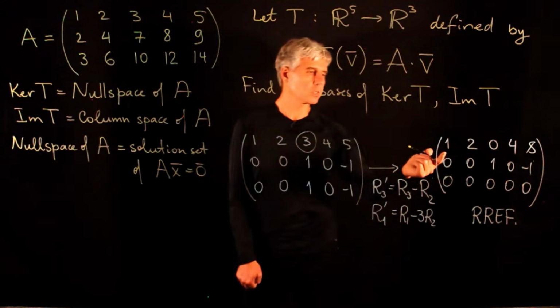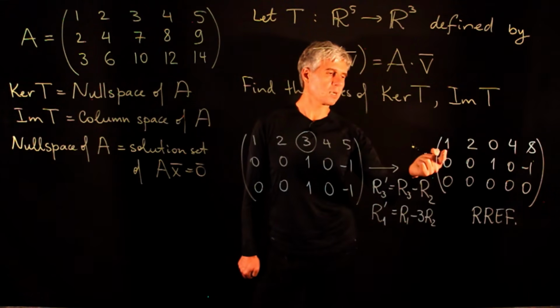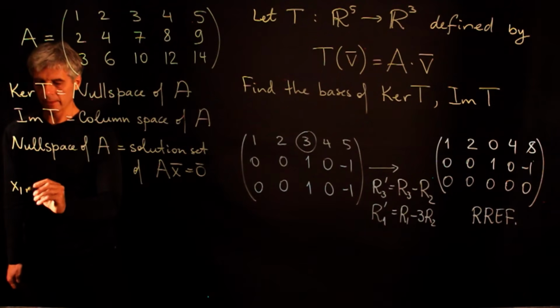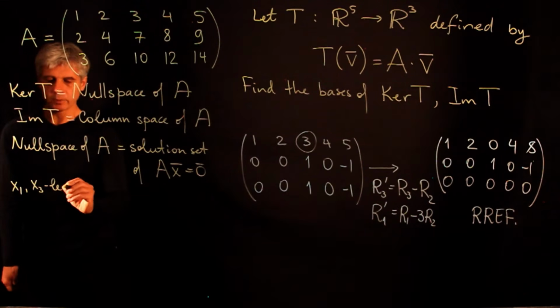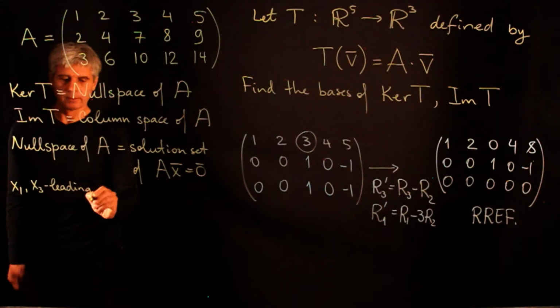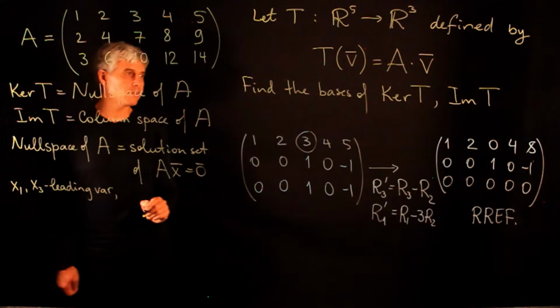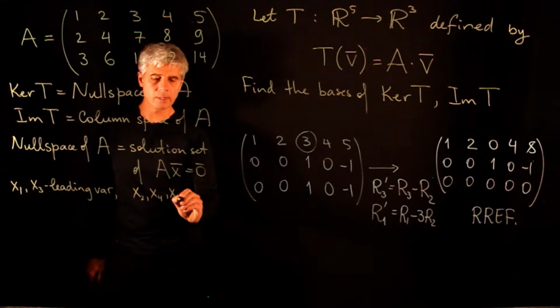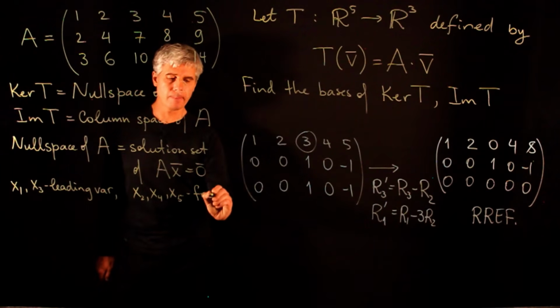The leading variables correspond to pivots, so these are x1 and x3. And all other variables, x2, x4, and x5, are free variables.